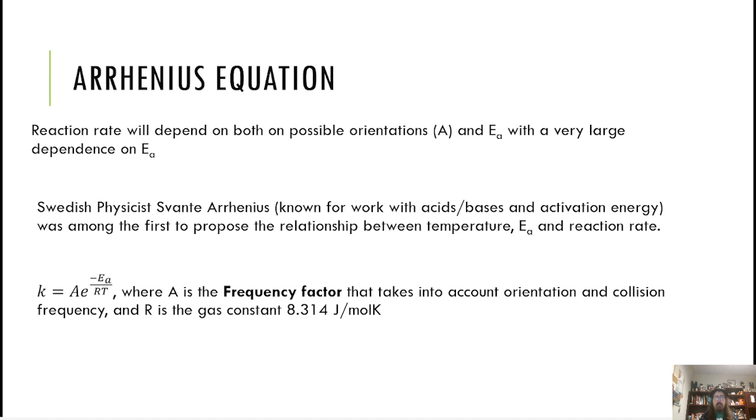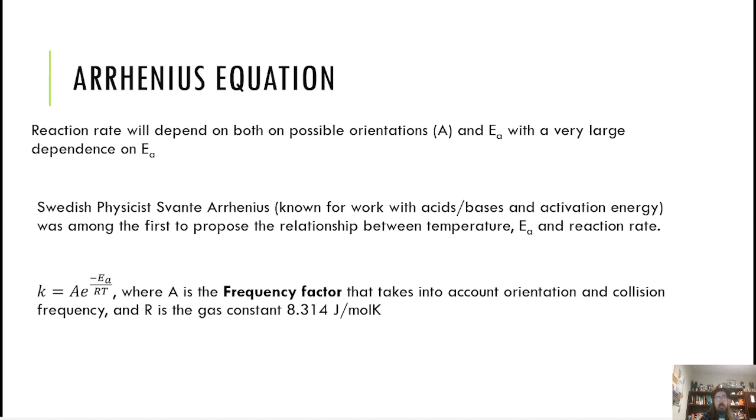A Swedish physicist by the name of Svante Arrhenius, who we'll look at later when we talk about acids and bases, wrote a nice equation that helps understand this. He was the first to propose a relationship between temperature, activation energy, and reaction rate.